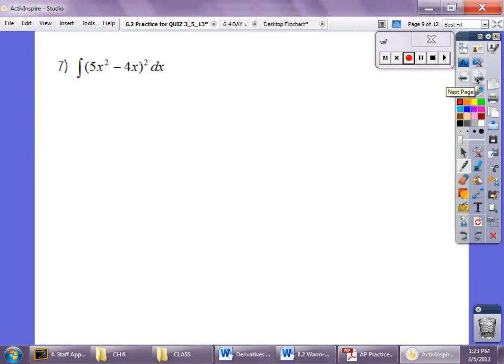So number 7, I added 2 problems, which I didn't feel like were represented well in the review. So number 7 and 8 are my added problems. They review concepts from before. In this problem, you have 5x squared minus 4x, whole thing squared. So I'm going to have us look at, what if you tried to do a u, and the inside is this.